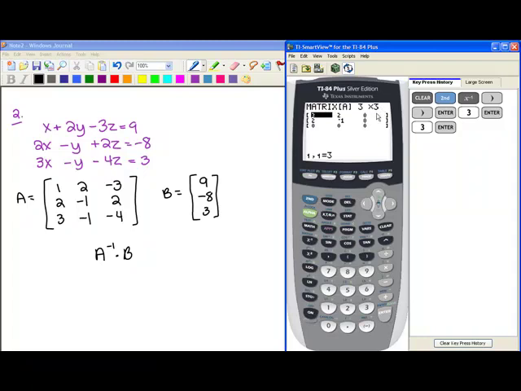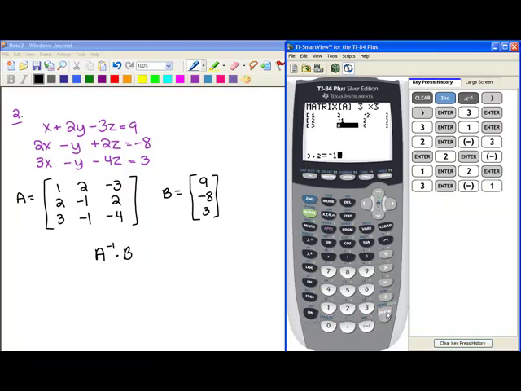So we type that in at the top, and notice that it changed the size of our matrix. So we'll go through and enter in the numbers. It's a good idea to double check and make sure that you have all your numbers entered correctly before you move on.